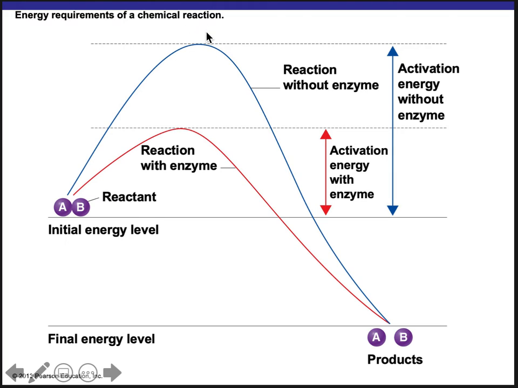And it's a very high amount of activation energy. In this situation, you're taking one big molecule and splitting it into two separate molecules. And you can see in red with the enzyme, you're able to carry out that chemical reaction without adding as much energy. And in this diagram, it's half the amount of energy.